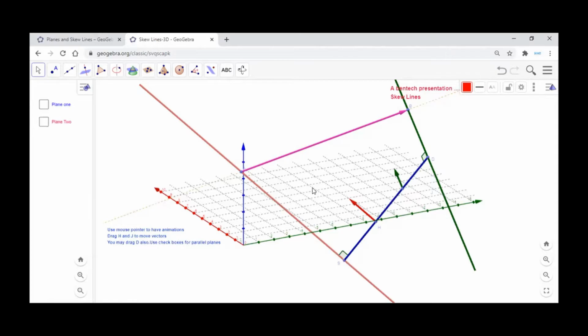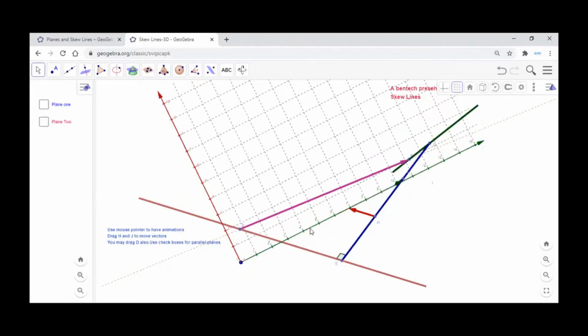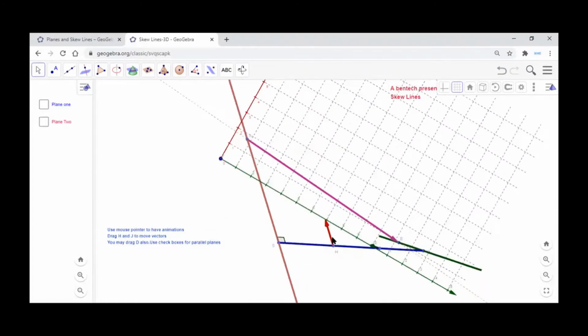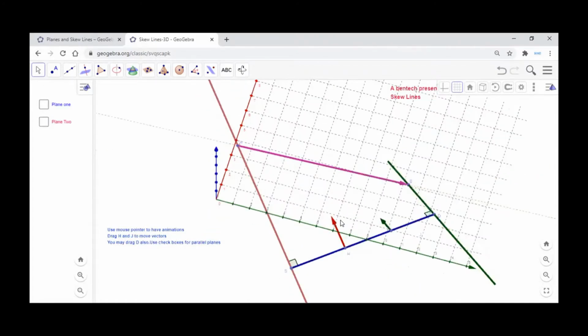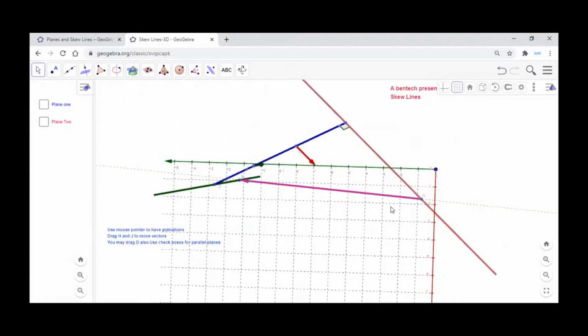One of them is L1 and the other one is L2. And here you see, if I rotate these two lines in various directions, just observe if they are intersecting at certain points. Just observe this green and red color lines.